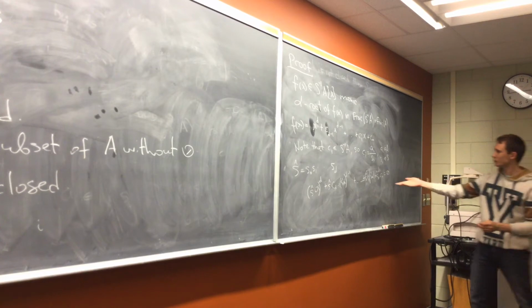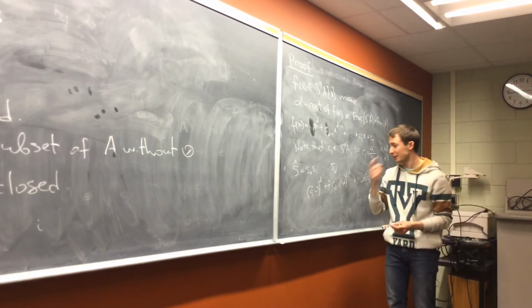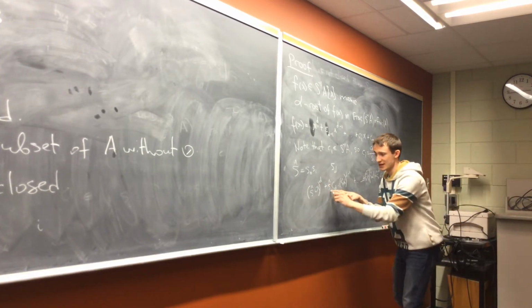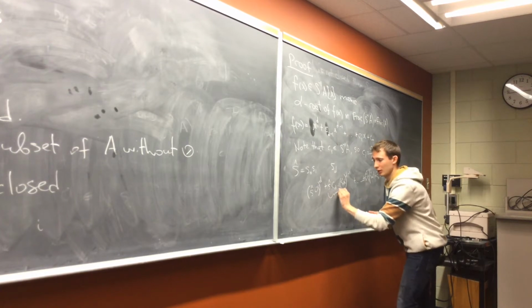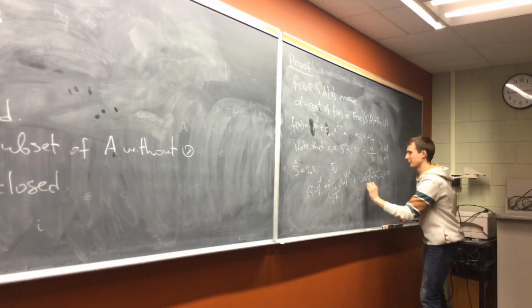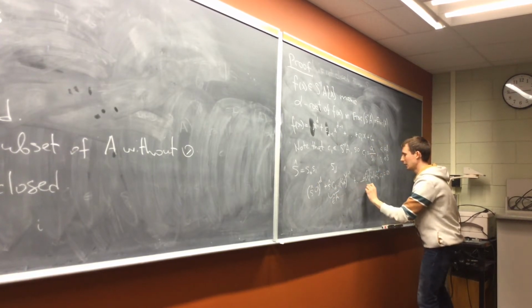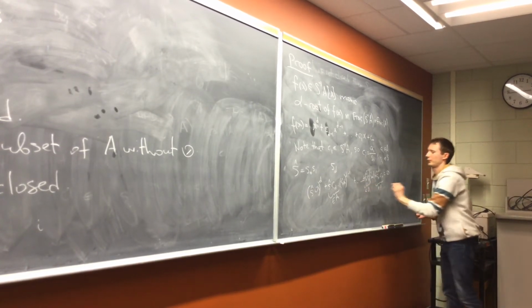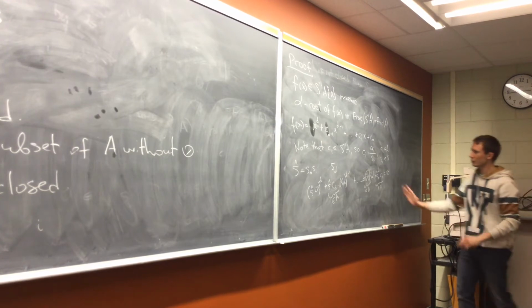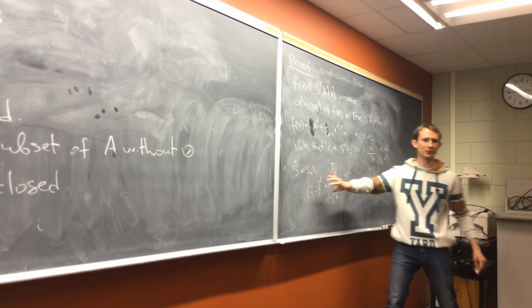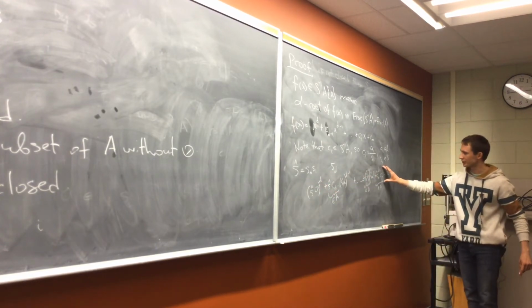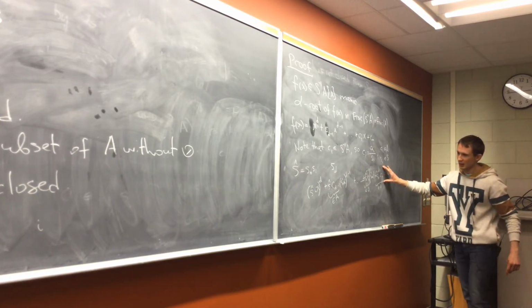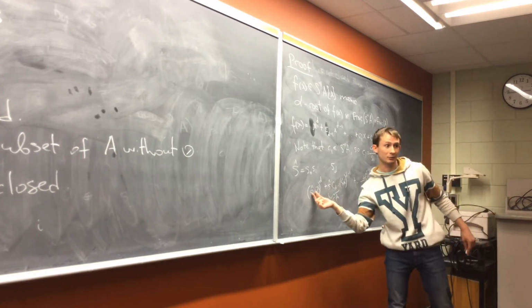Now if you note what just happened, these coefficients are all in A. So this is in A, this one is in A, and this one as well. So in fact, on the left we have a monic polynomial in A, and we have its root, S hat alpha.